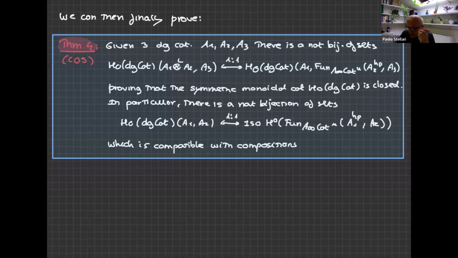So we have a natural bijection which realizes Fun infinity cat U of A2 HP A3 as the category of internal Homs. Now you have to be careful, because here you see that there are again some decorations that you might not be happy with.